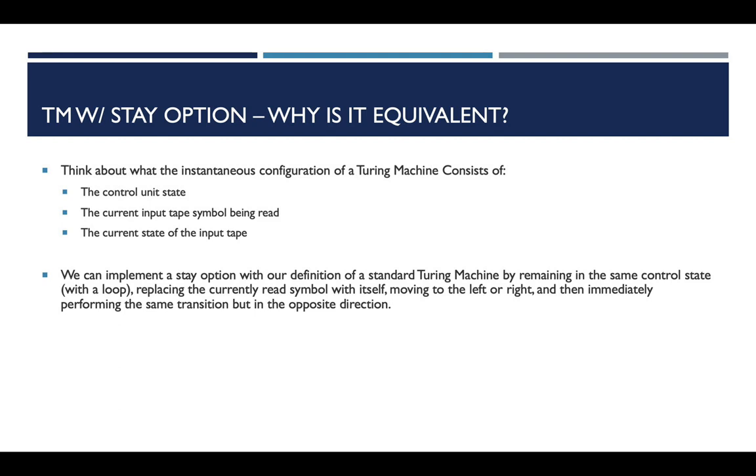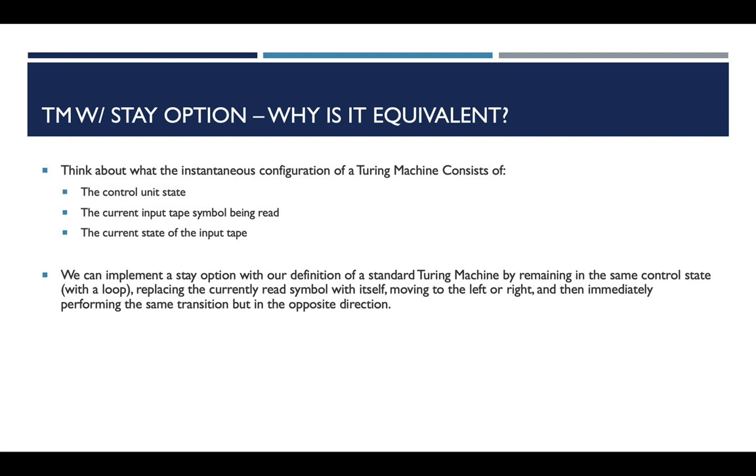If we are reading an A, we could simply replace that A with another A, and we haven't made any updates to the current state of the input tape. So in the turnstile notation, at this point we have changed literally nothing. However, we would be forced to make a move either left or right.